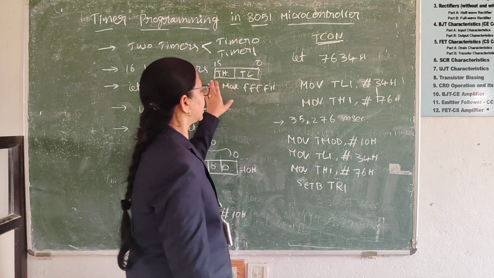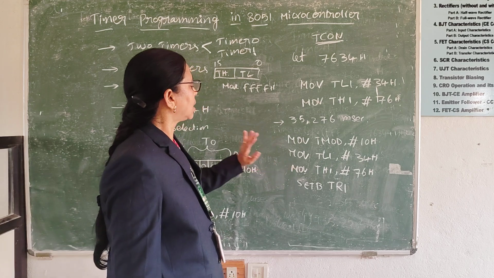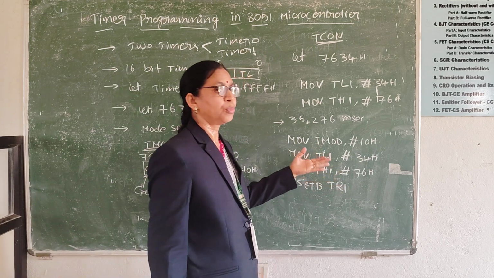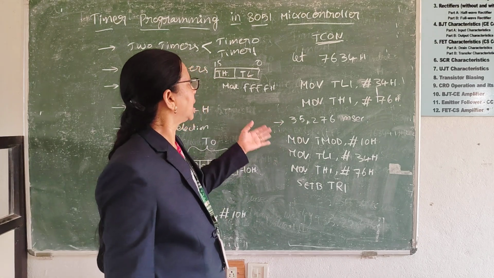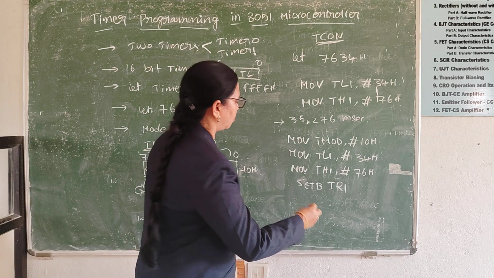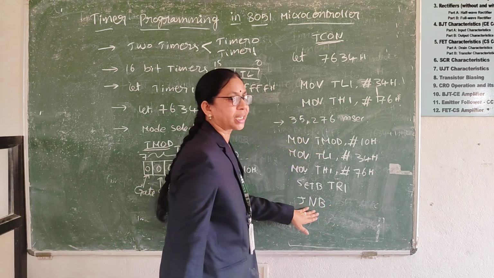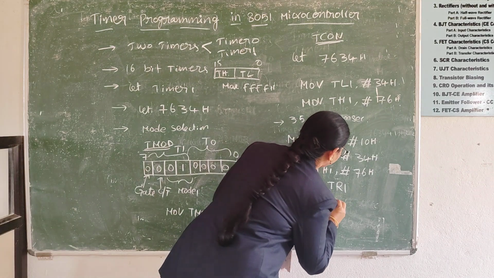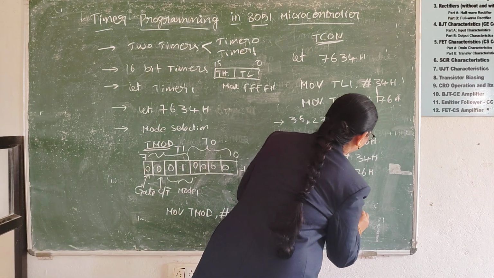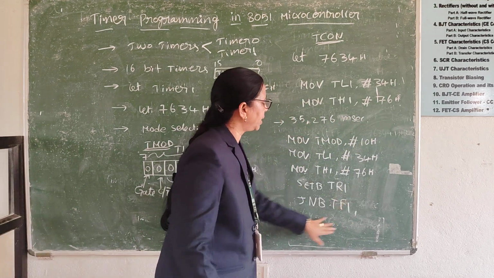Whenever the flag is set, we stop to provide the time delay. To provide a continuous clock signal, we can keep this in a loop. JNB TF1, back: we are checking the flag, and if the flag is not set, we repeat this loop.